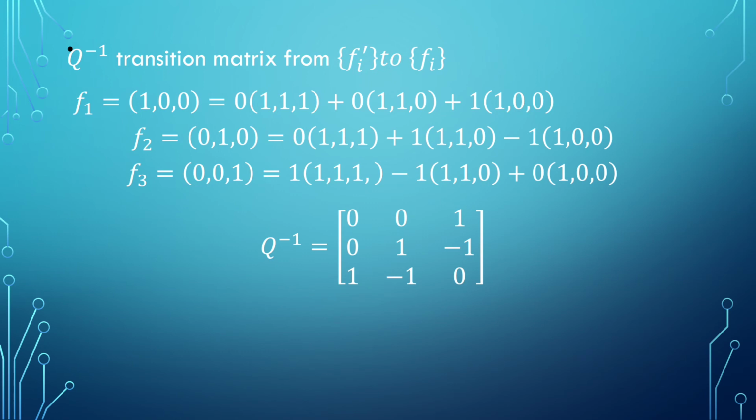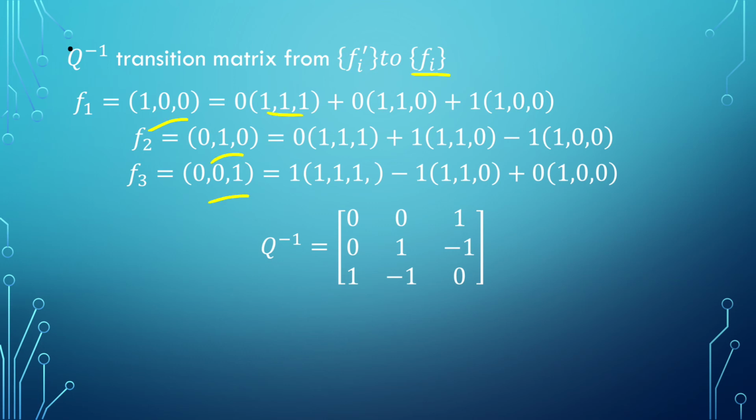What we need now is to get the inverse of Q, the inverse matrix of Q, as per our definition in our theory. So that we want our end product to be F1. So F1s are these ones.